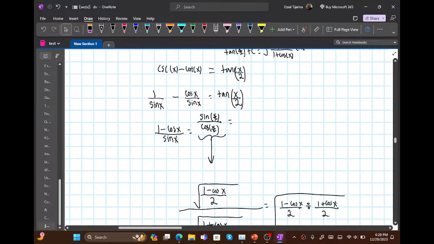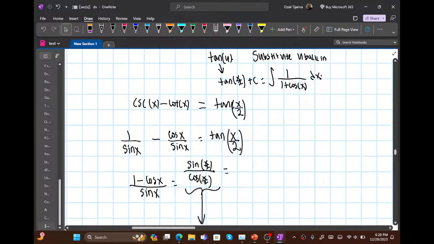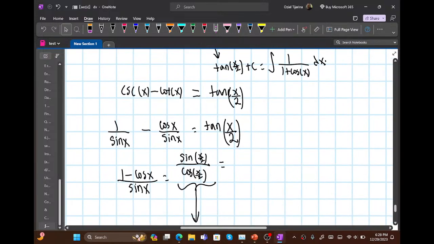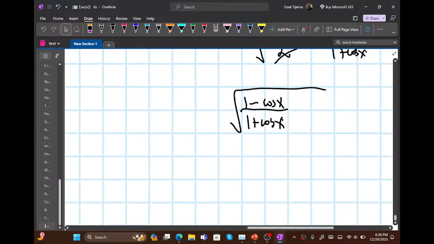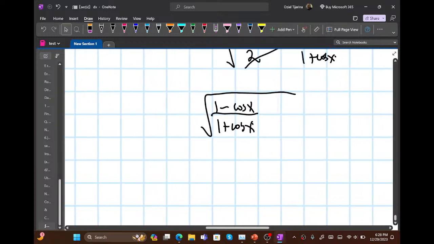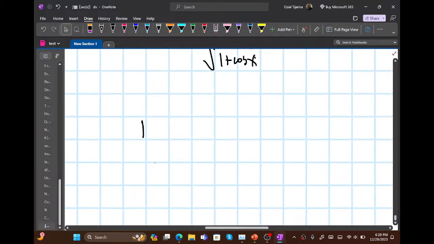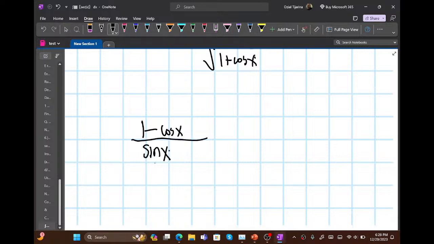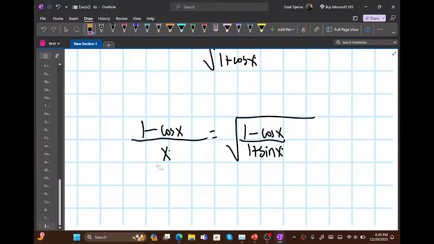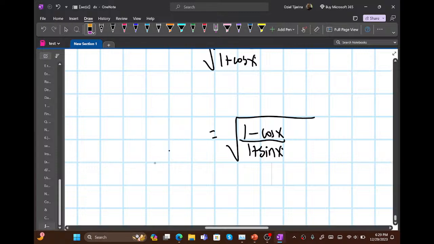Our goal, again, guys, is to get it so that it equals 1 minus cosine x all over sine x. So, yes, we are working with both sides. You know what? I'm just going to keep it as cosecant minus cotangent.